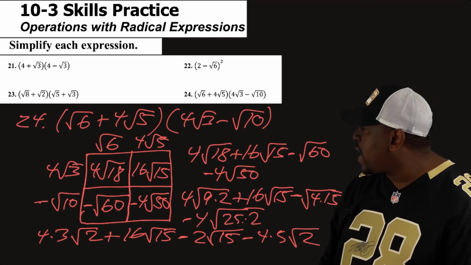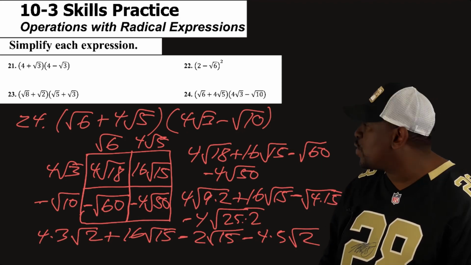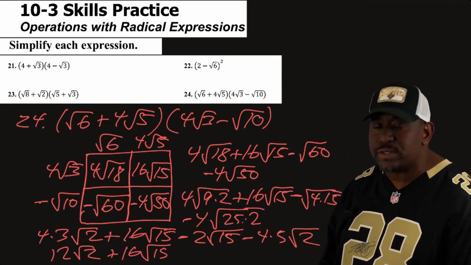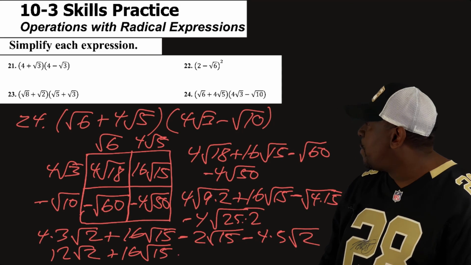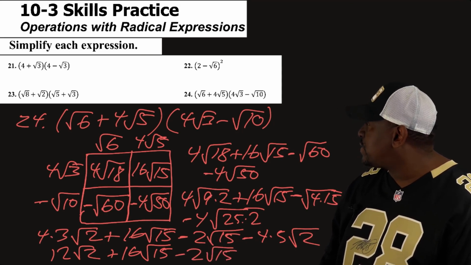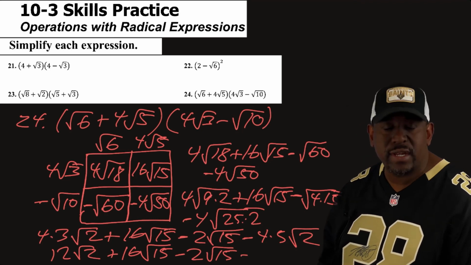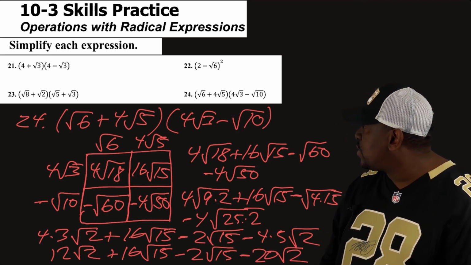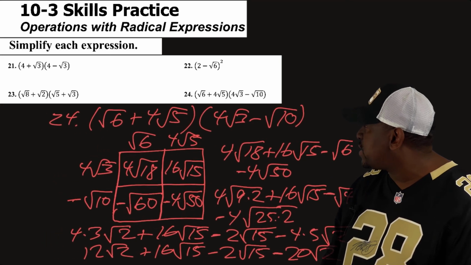We simplify the products we can do. 4 times 3 is 12, so that's 12 times the square root of 2, plus 16 times the square root of 15, minus 2 times the square root of 15, and minus 4 times 5 is 20 times the square root of 2. So we have 2 pairs of like terms.